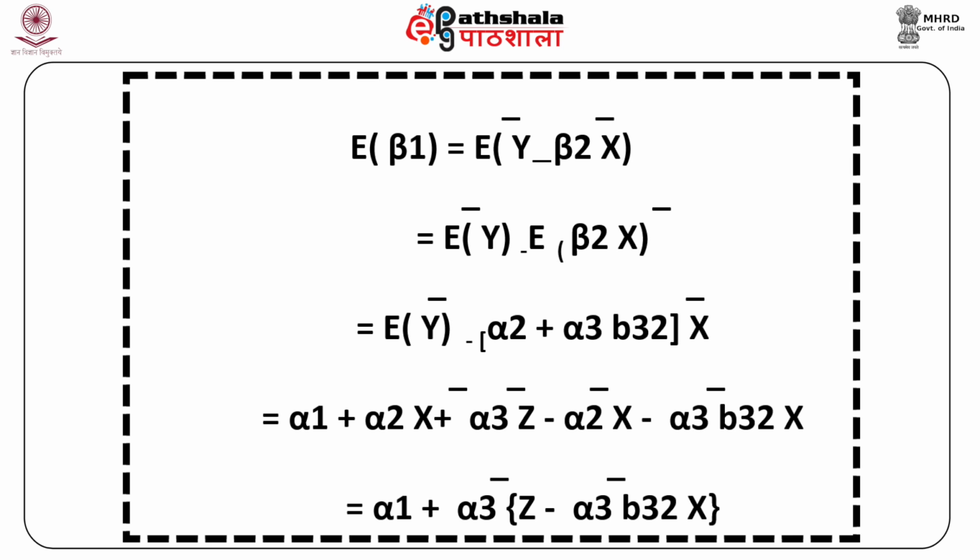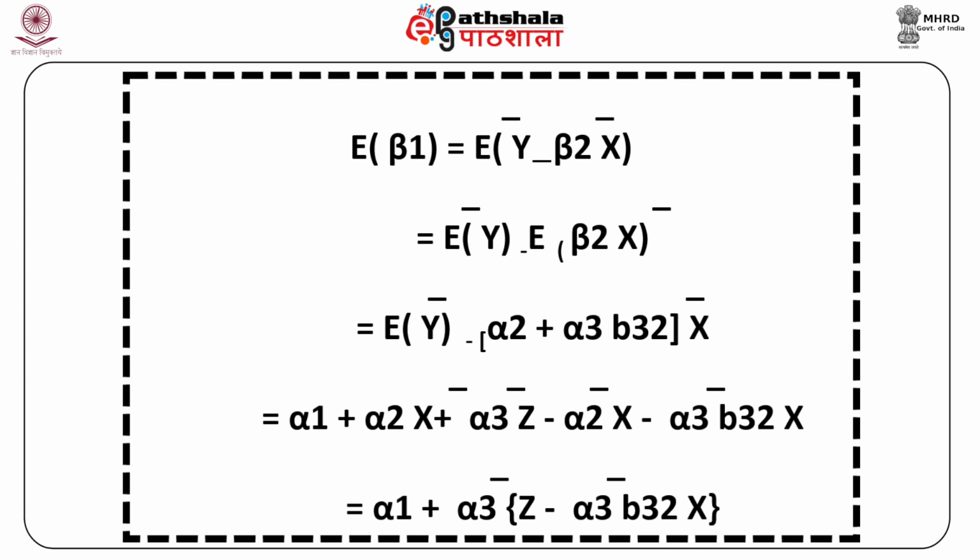Expectation of y bar minus alpha 2 plus alpha 3 b32 times x bar, which is equal to alpha 1 plus alpha 2 x bar plus alpha 3 z bar minus alpha 2 x bar minus alpha 3 b32 x bar, which is equal to alpha 1 plus alpha 3 z bar minus alpha 3 b32 x bar.